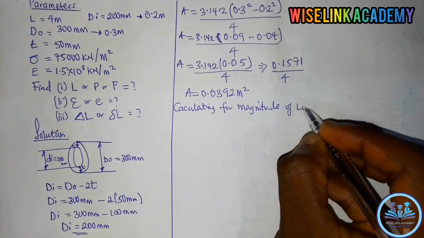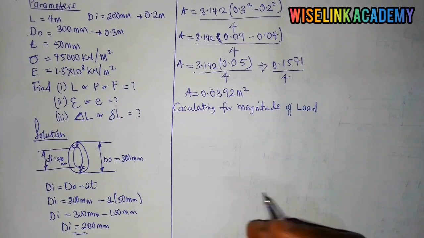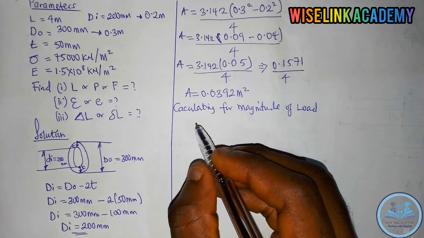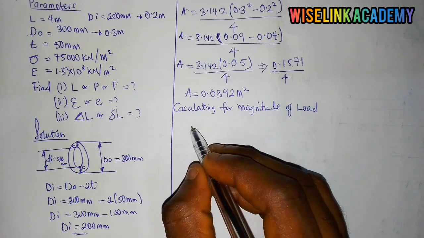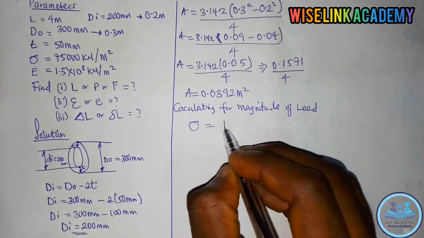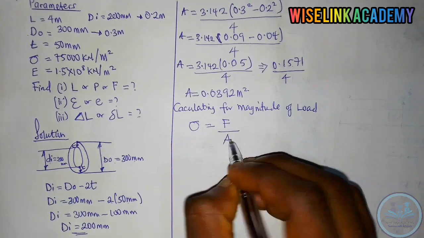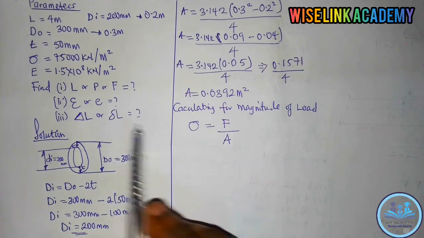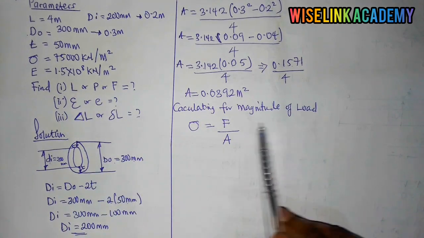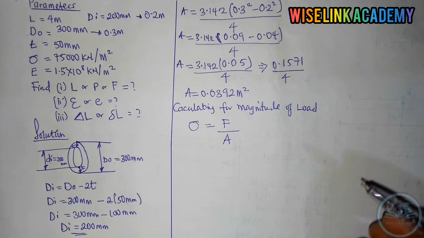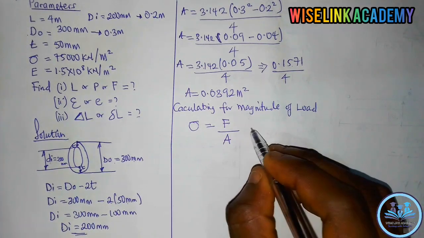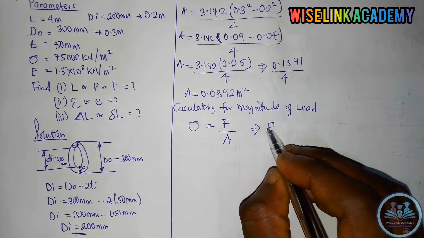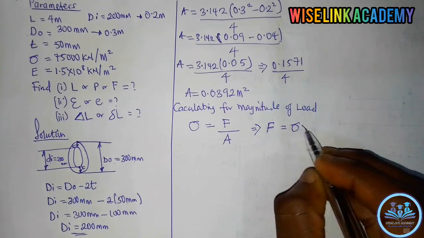We know our formula that says that stress is equal to force over area, and our force, our load, can be expressed as F. So if I multiply, force, or let me call it my load, is equal to stress times area.